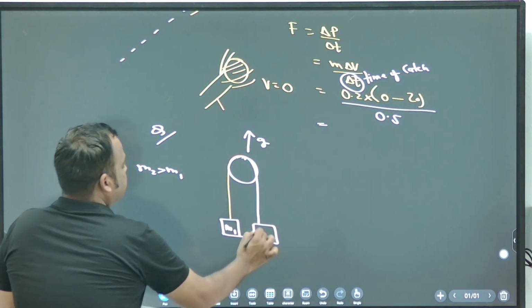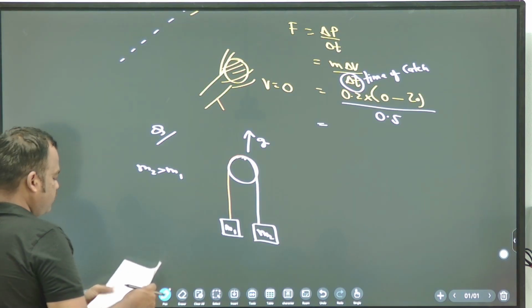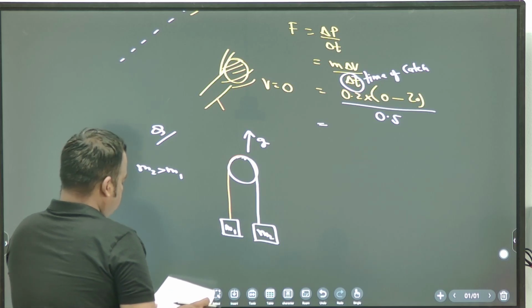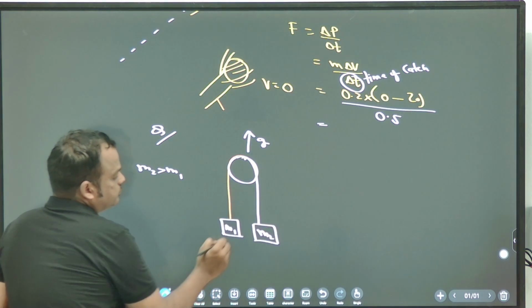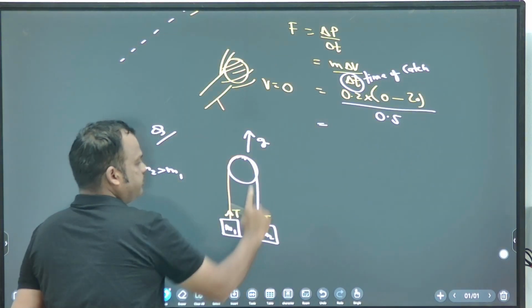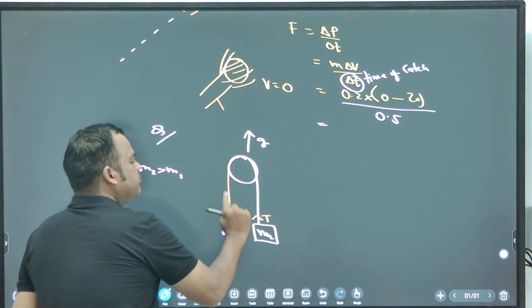Here you have connected M2. So, tension will be the same. Here tension T, here tension T, string is same. So same tension everywhere.